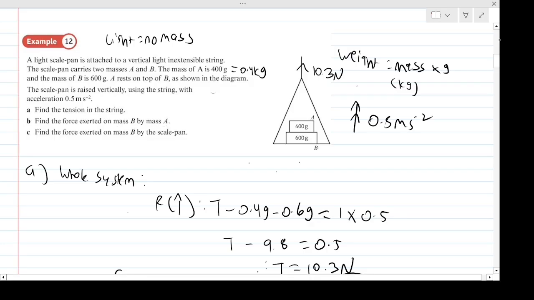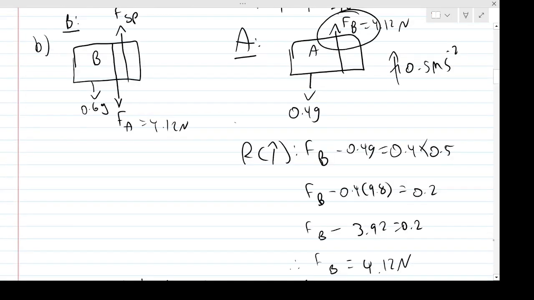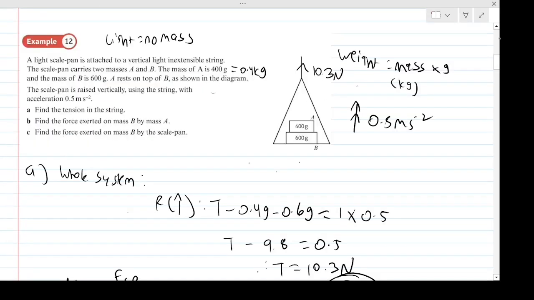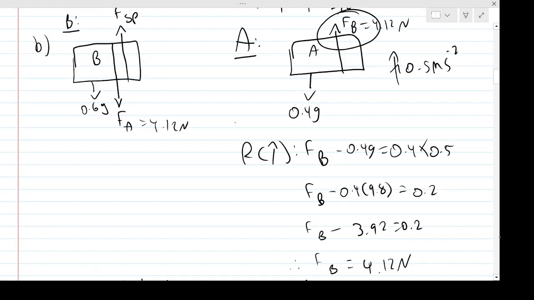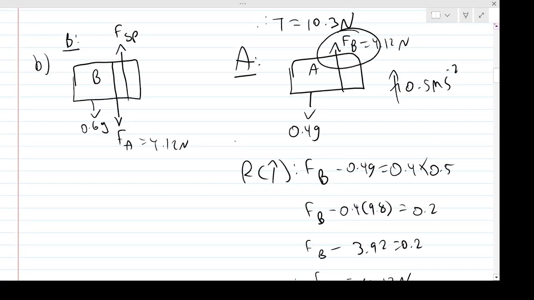Then in part C, what's the force exerted by mass B on the scale pan? Okay, so if I go back to part B, I now know that the force created by A is 4.12. It wants me to work out the force put onto mass B by the scale pan. Well, as we discussed, it's this force here. So to do part C, again, it's going to accelerate up by 0.5.